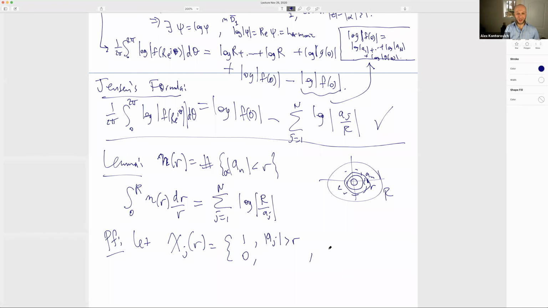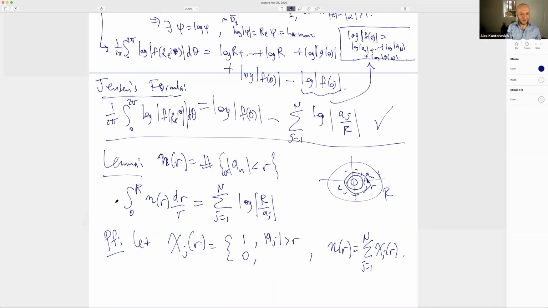And so n of r is just a sum as j goes from 1 to n of chi j of r. This is saying how many zeros have we caught? We're casting a wider and wider net. Each chi j says, did you catch me yet? So you sum over all of them, that counts how many we've caught.